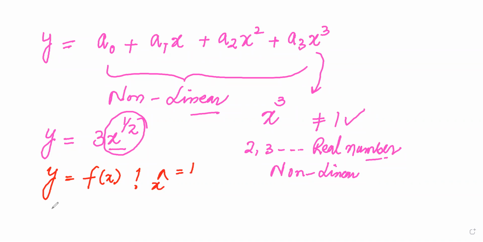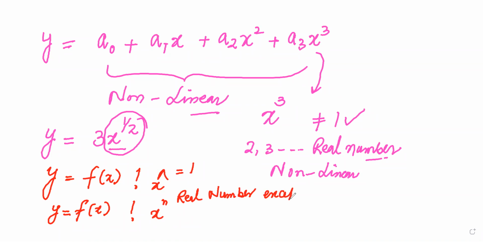If you have a nonlinear equation, again y is a function of x such that x is raised to any real number except 1. If x is raised to power 1, you call that a linear function. If x is raised to any real number other than 1, you call that a nonlinear equation.